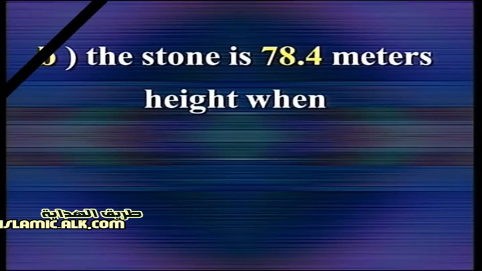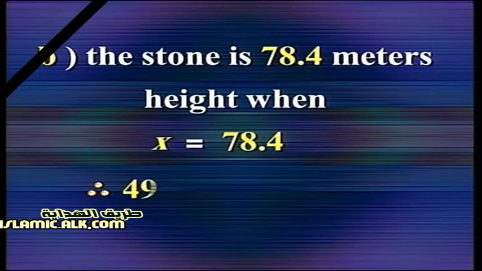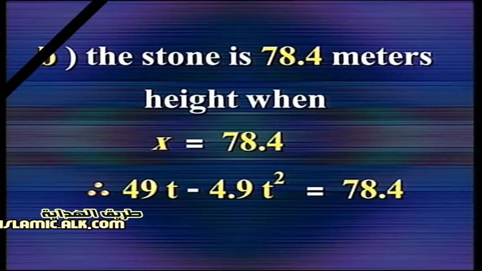The stone is 78.4 meters high when x equals 78.4. By substitution, 49t minus 4.9t squared equals 78.4. Therefore, 4.9t squared minus 49t plus 78.4 equals 0.